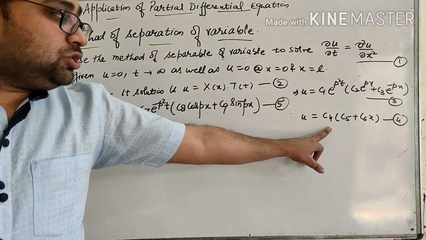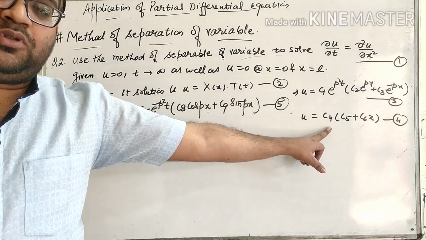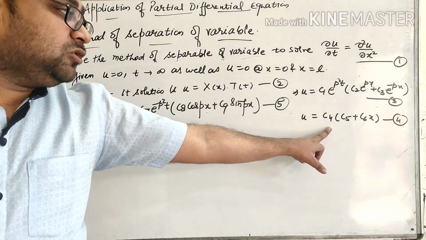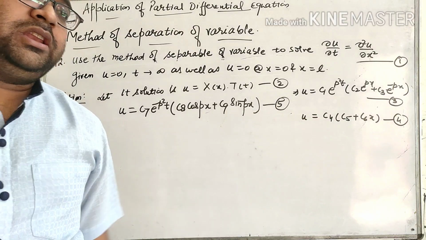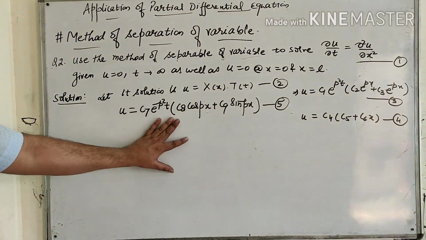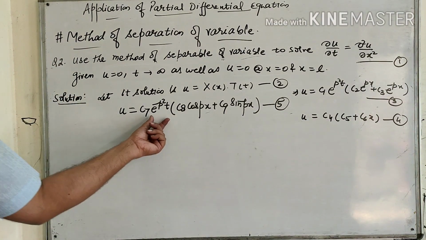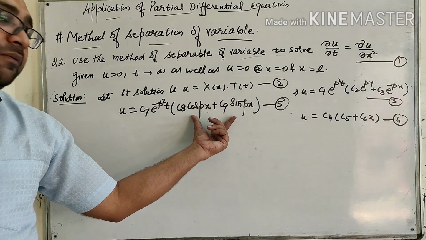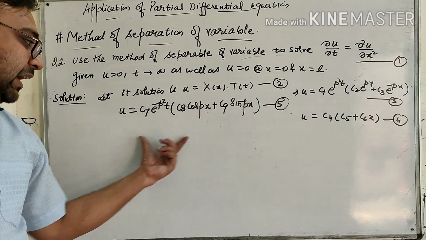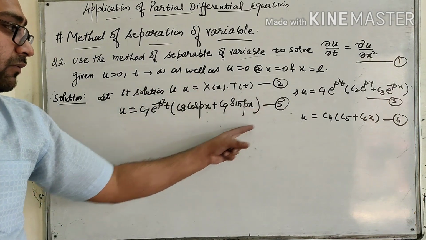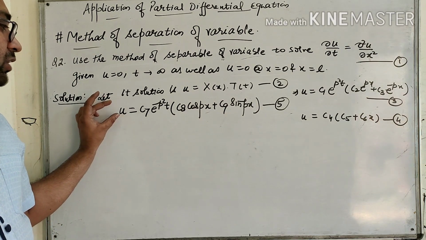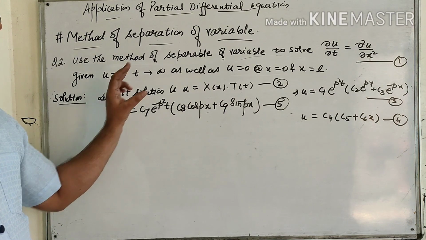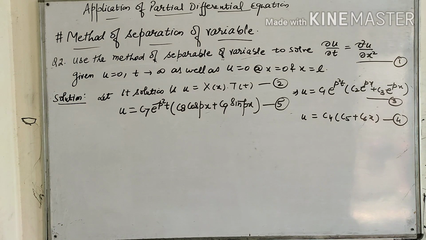Same as the solution written in equation number 4 is completely linear, and heat cannot transfer in linear form. But in equation number 5 it is the combination of exponential and trigonometric functions. So heat can transfer in this particular form. So this may be the most appropriate solution for this particular problem, and we can take it for the further solution.